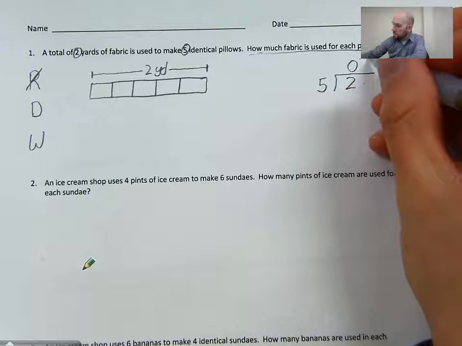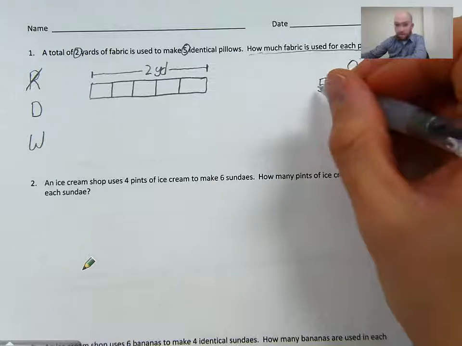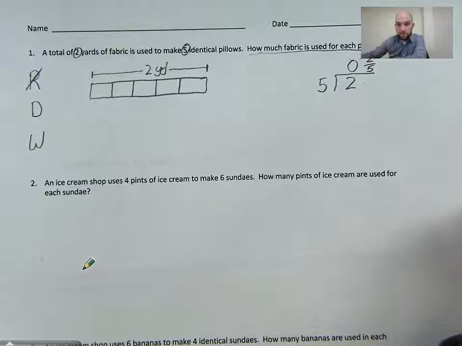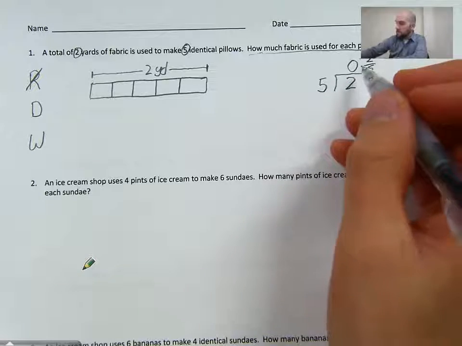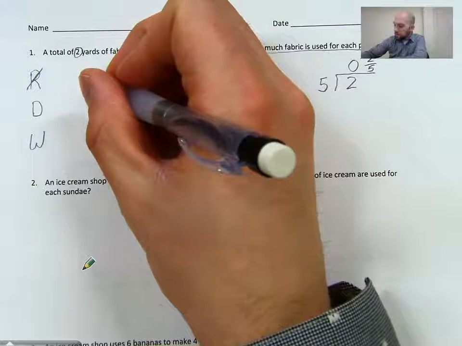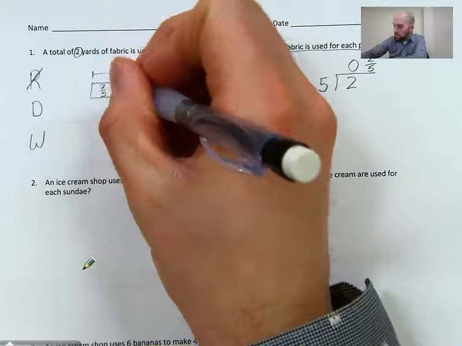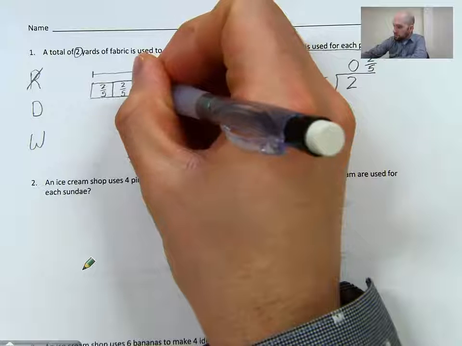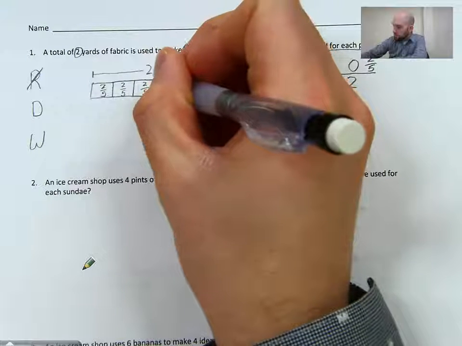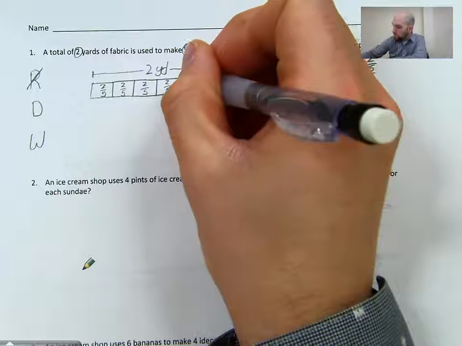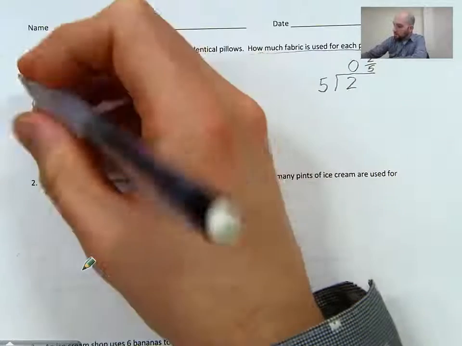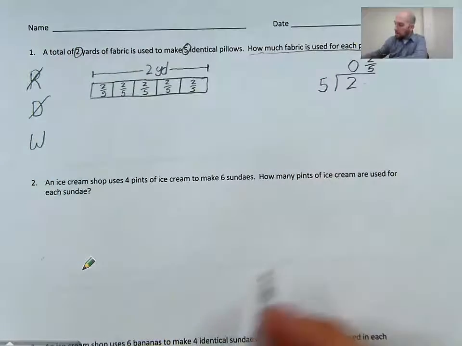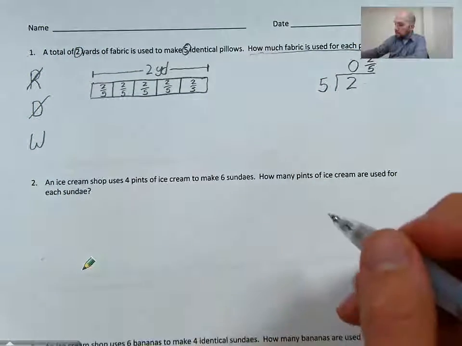Over here, it'll be 2 fifths. 2 divided by 5. So I don't need the 0. I know that each one of these is going to be 2 fifths. I'm done drawing, and I can write my answer.